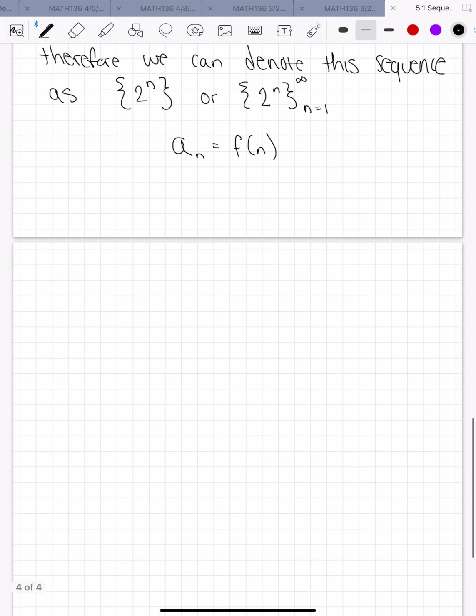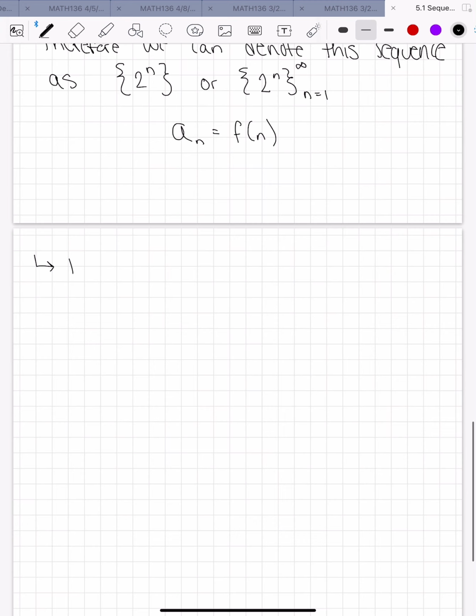When we do this, we're writing our sequence as an explicit formula.